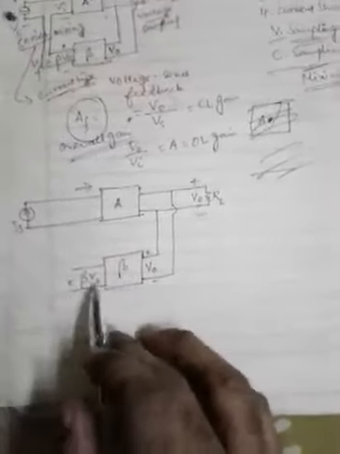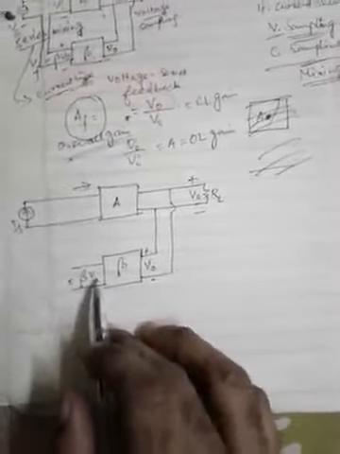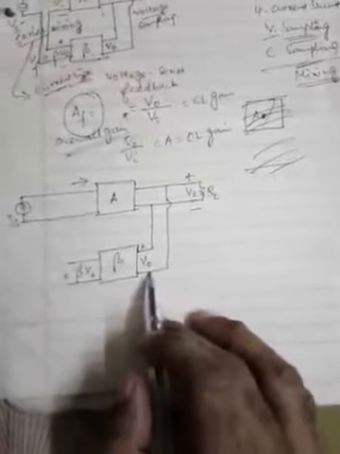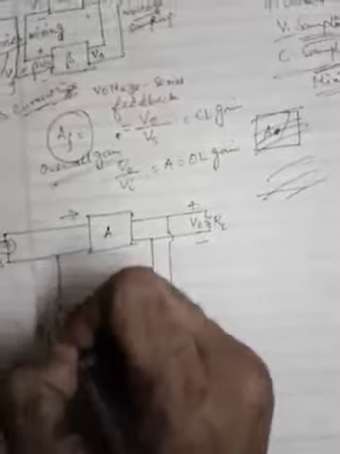So the output should be producing equivalent current based on this input VO. So beta VO should be written here as IF instead of VF. Now let us complete the connection. We are connecting it like this.